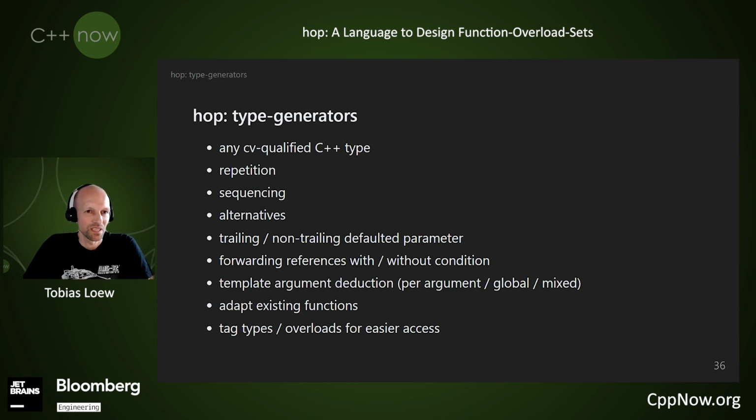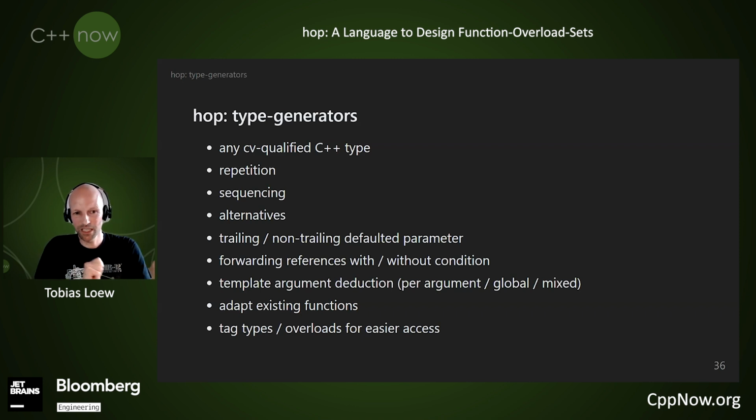So for the type generators, we want to be able to have any CV qualified C++ type. We want to repeat types or type lists. We want to sequence them one after another. We want to do alternatives, just match one of them.